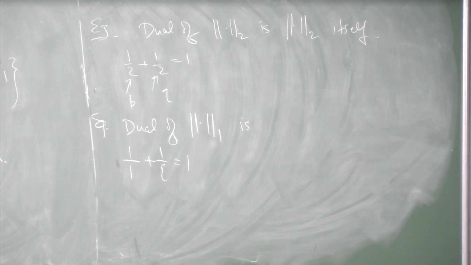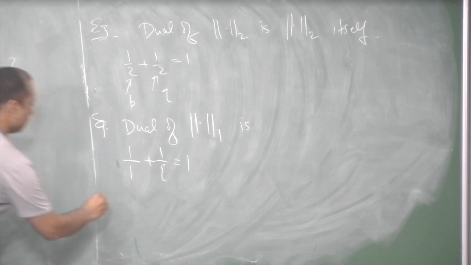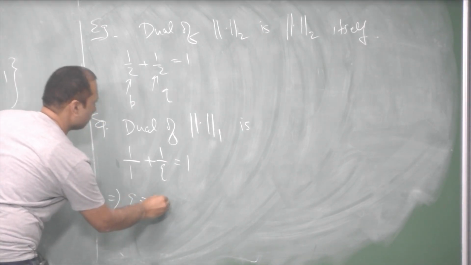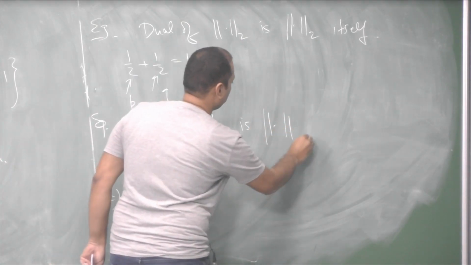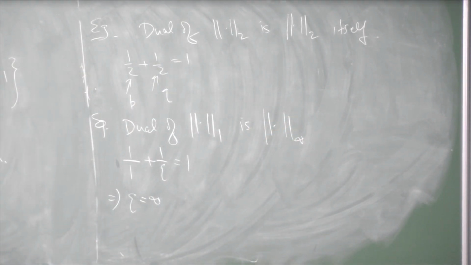So it seems like the dual of the 1 norm is the infinity norm. And it is also the other way: if the infinity norm is given, then the dual must be the 1 norm. So it is symmetric.